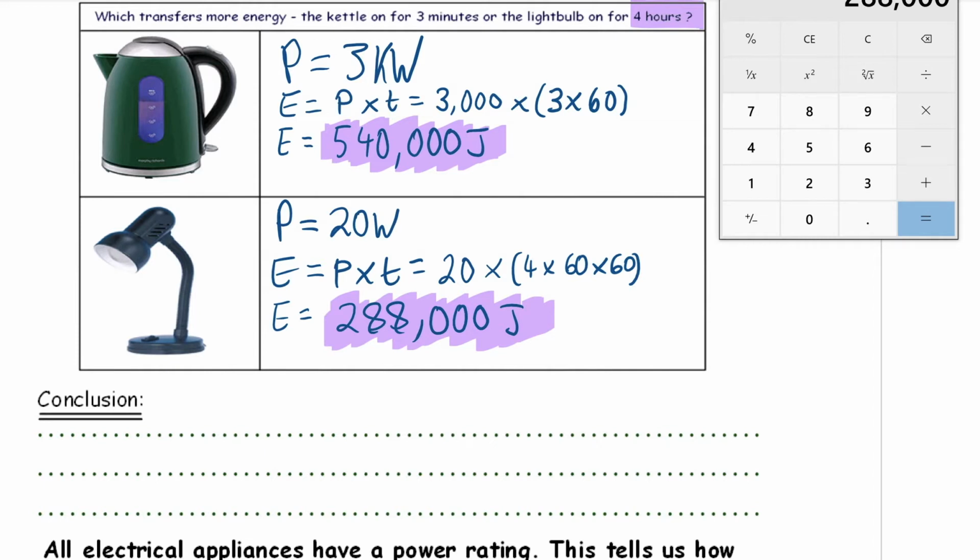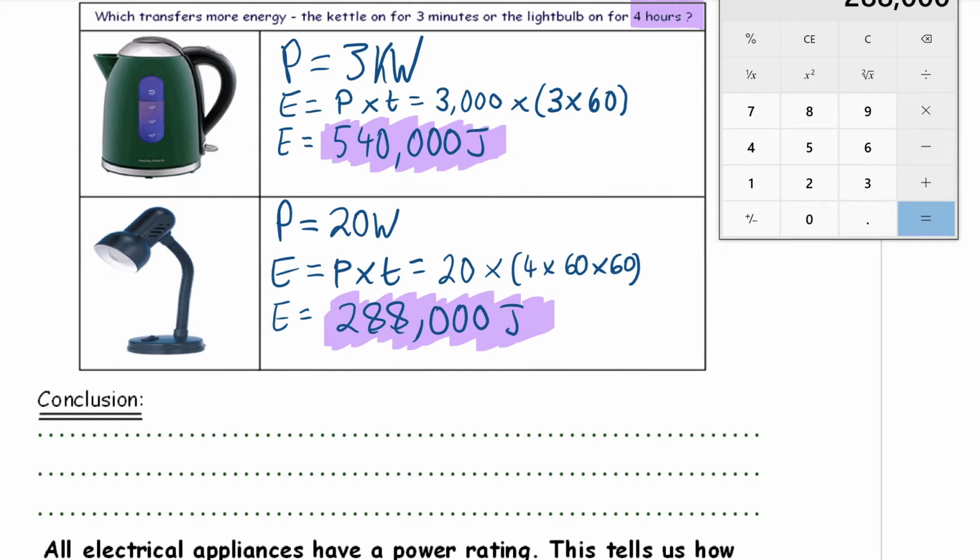And that's because domestic circuits at home, in schools and buildings, on the ring main circuits, have a maximum current that can flow through the wires for safety reasons, which is 13 amps.